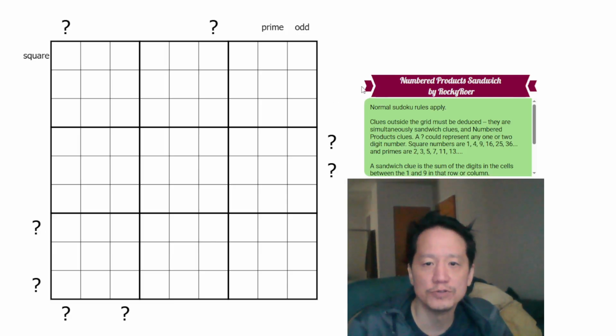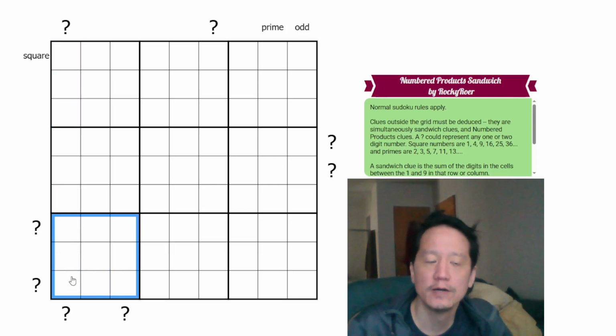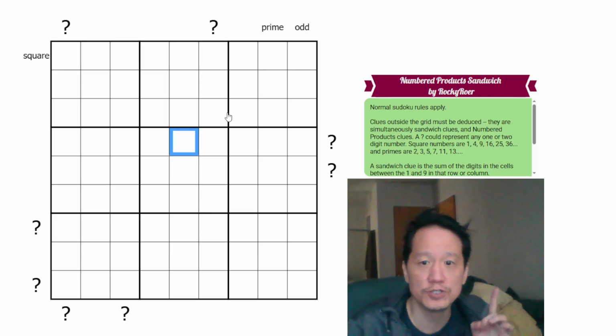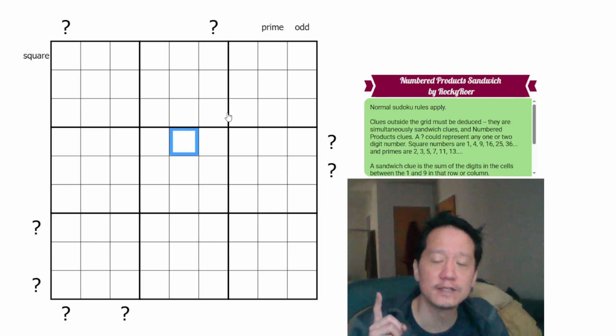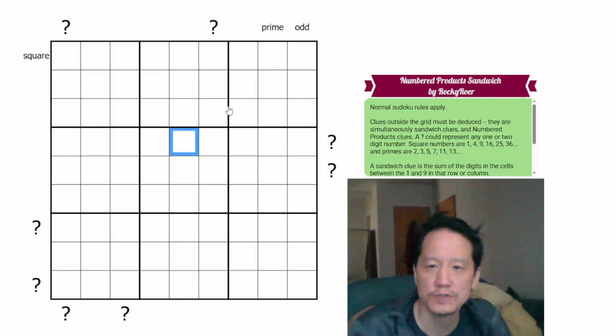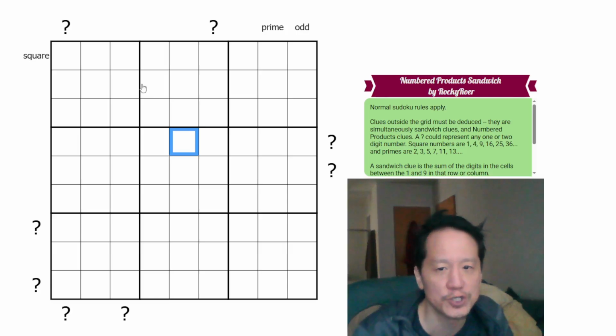And here are the rules. Normal Sudoku rules apply, which means fill every row, column, and box with the digits 1 through 9 without repeats. Clues outside the grid must be deduced. They are simultaneously sandwich clues and numbered product clues. That's why, hence the name Numbered Products Sandwich.